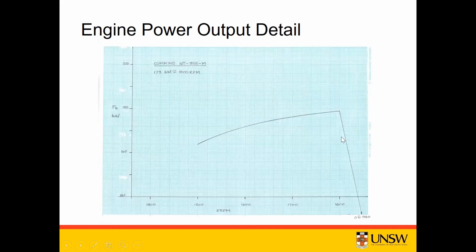And then going down to the high idle, you get the governor run out curve down there. And so you can get fairly good results from a graph like that, rather than from the one that's actually published by the engine manufacturer. It's worth actually drawing the graph out.